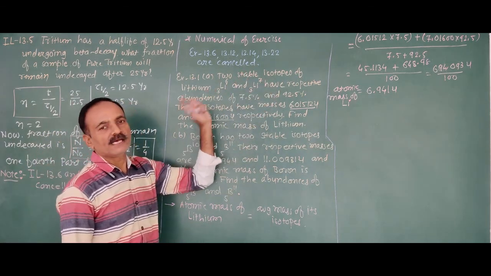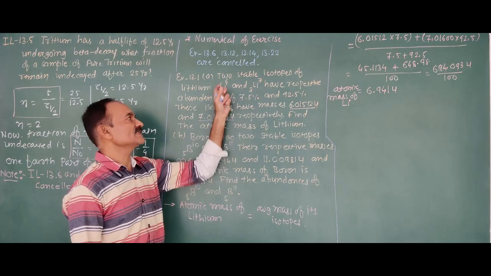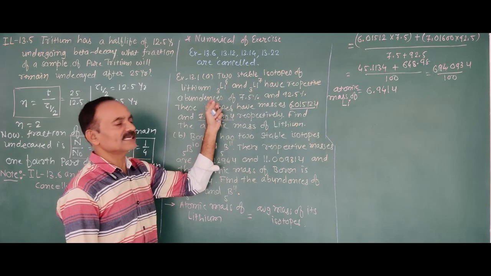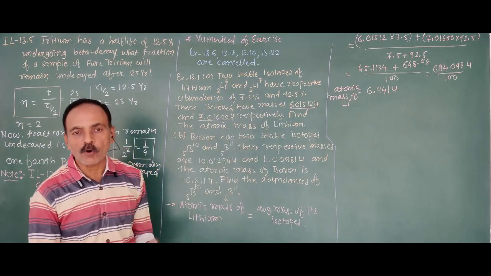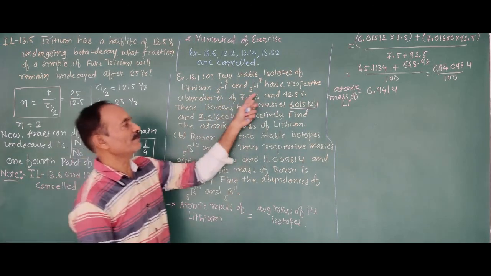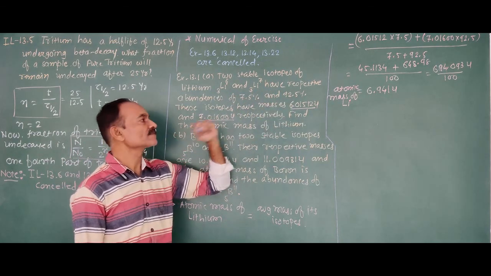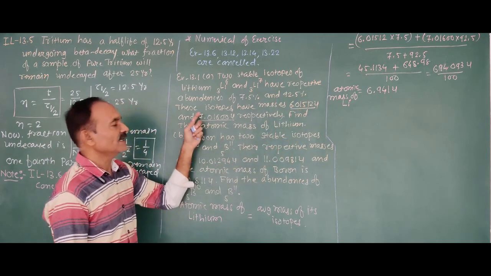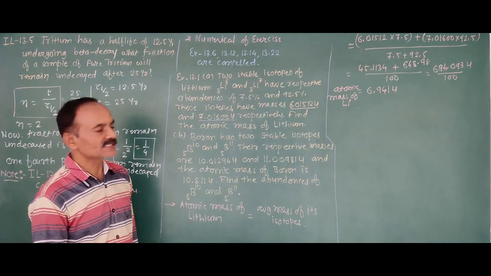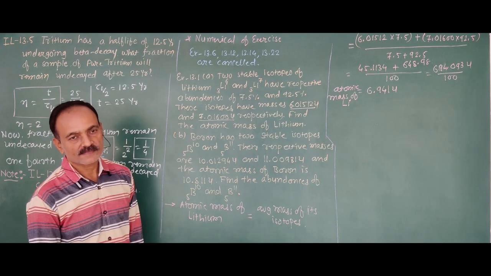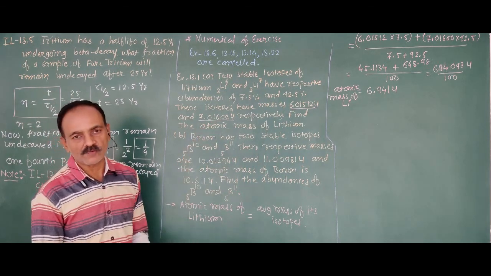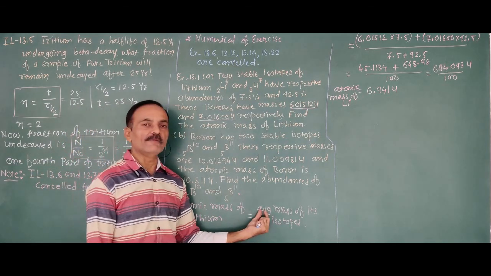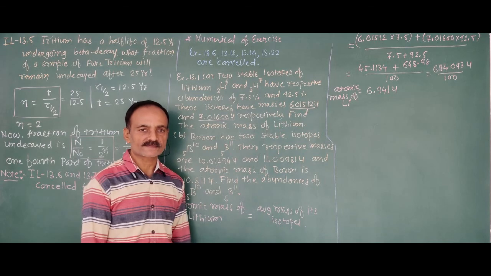Again, lithium has two stable isotopes, lithium-6 and lithium-7. The abundances of these isotopes to form the lithium atom are 7.5 and 92.5 respectively, having masses 6.01512 atomic mass unit and 7.01600 atomic mass unit. Find the atomic mass of lithium. So we know the equation: atomic mass of lithium is equal to the average mass of its isotopes.